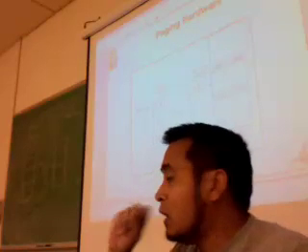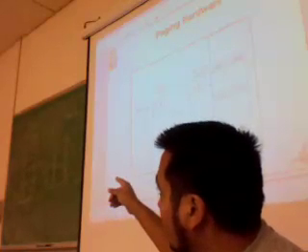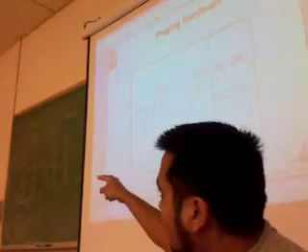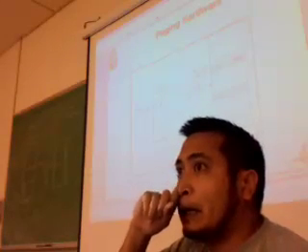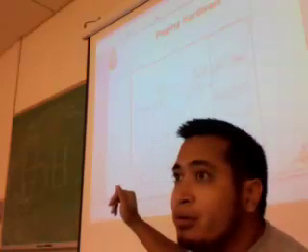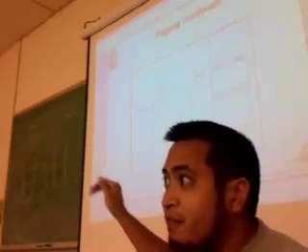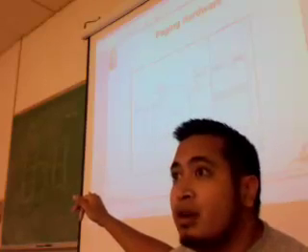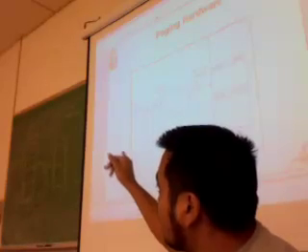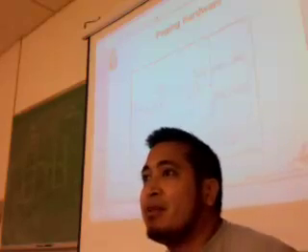Okay? So, for example, in our example that I drew on the board, the program that we loaded says, okay, page 0 is in frame 1. Page 1 is in frame 2. Page 2 is in frame 3.